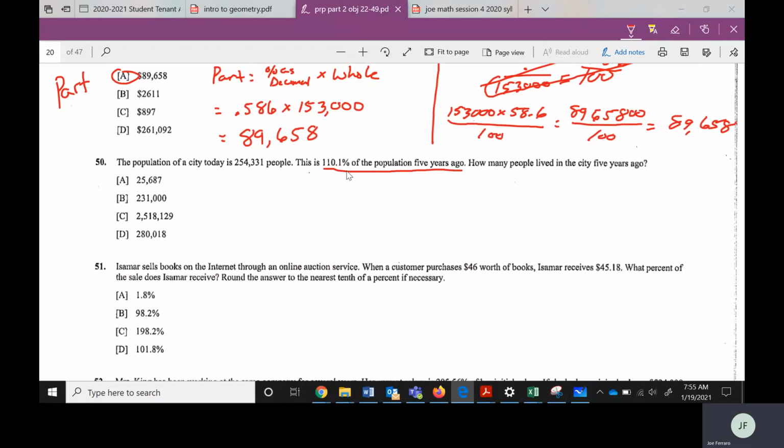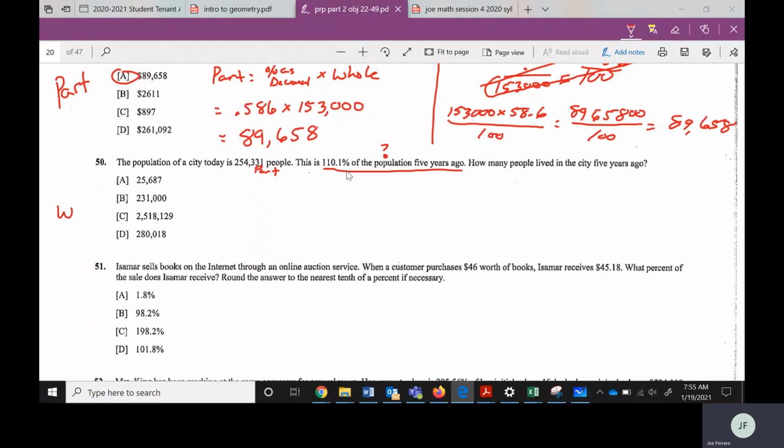We know the percent of the population 5 years ago. So the whole is going to be the population 5 years ago. So we have to figure out, is that what they gave us or is that what we're looking for? Then it says, how many people lived in the city 5 years ago? So that's the question and we don't know, and that matches up with after the word of. So this is what we don't know. So that means this is the part.